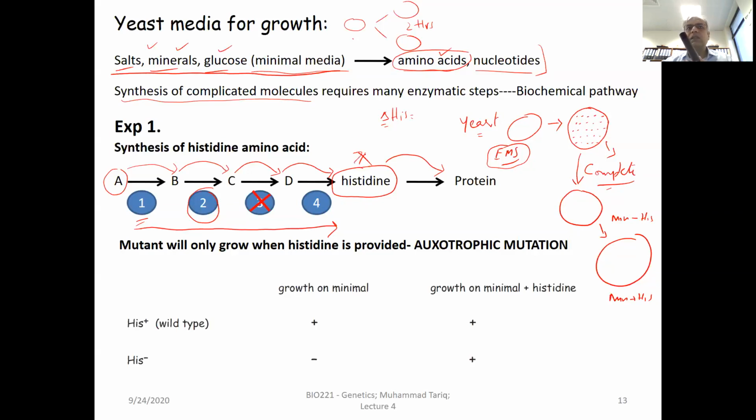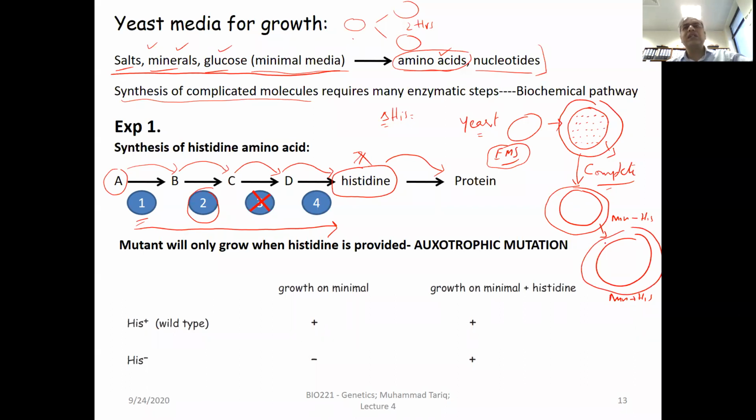This one, the wild type one. You go with the stem and then you stamp this onto minimal media with minus histidine, and then again stamp onto minimal media with histidine.